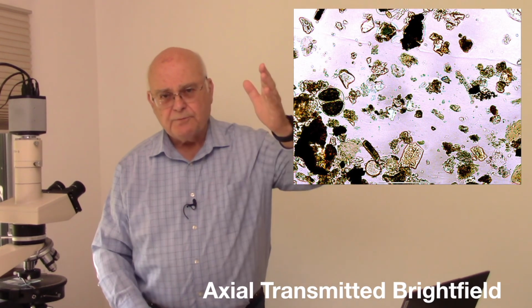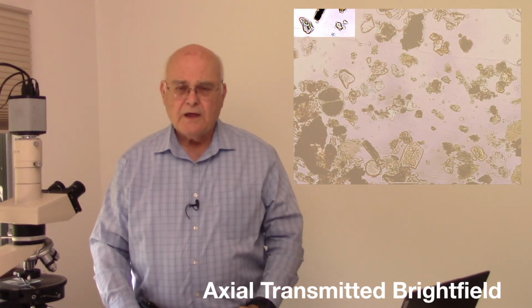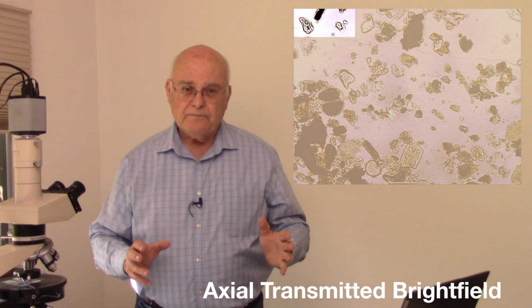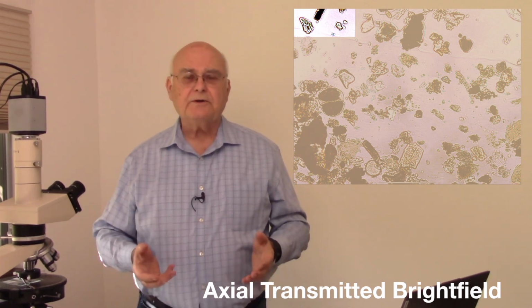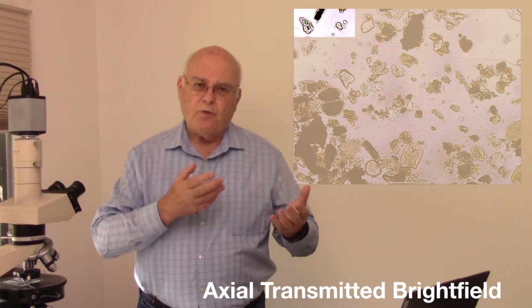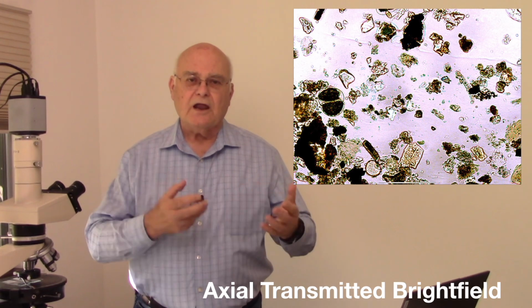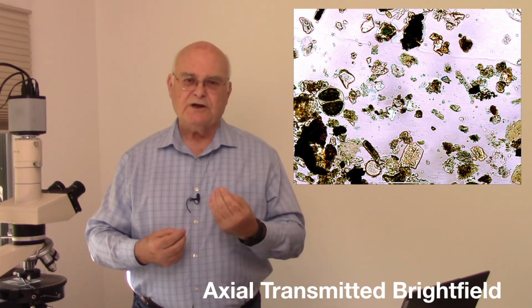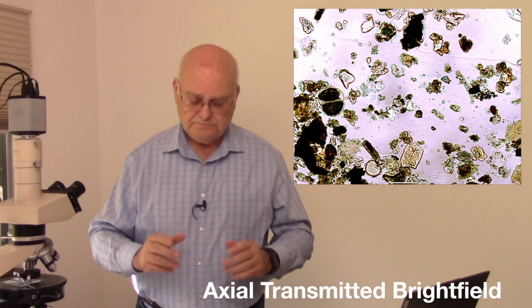And you'll notice that the particle up in the upper left that used to be white is now black. What's happened is that the white was the result of light scatter. And light scatter prevents a transmitted light beam from coming through the particle. So it looks black.